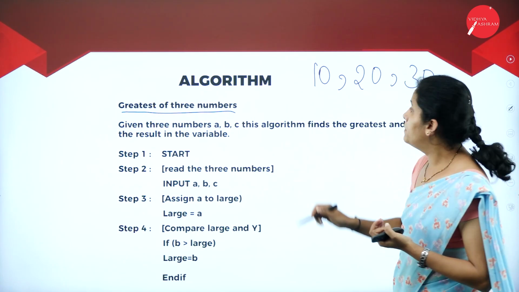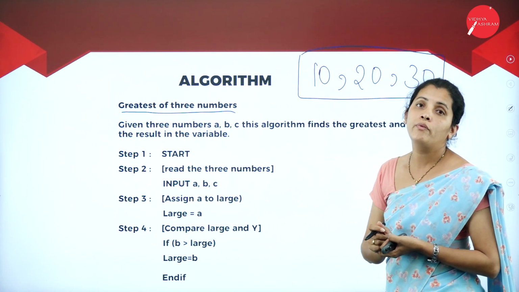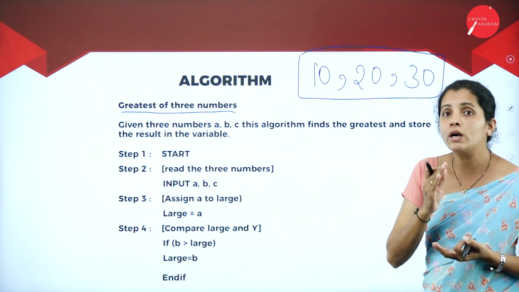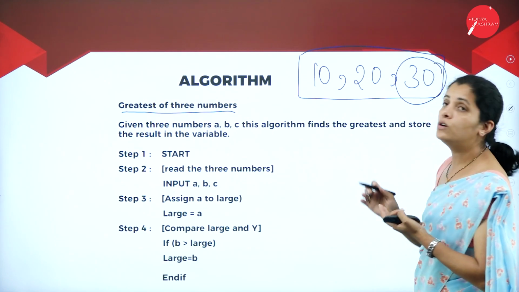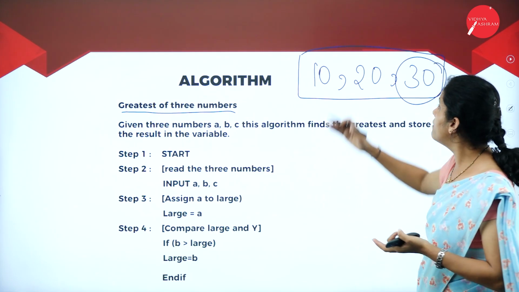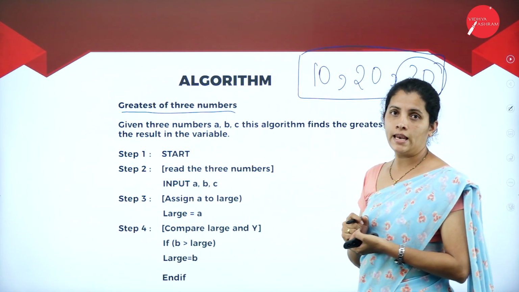In the given numbers, that means in this given series, I want to find the largest of the given numbers. So what is the largest number here? That is 30. So this is the basic calculation. In real time, we use this kind of calculation.